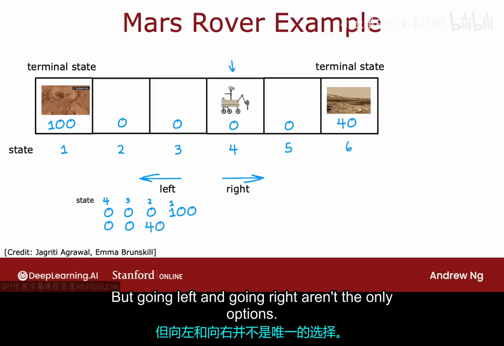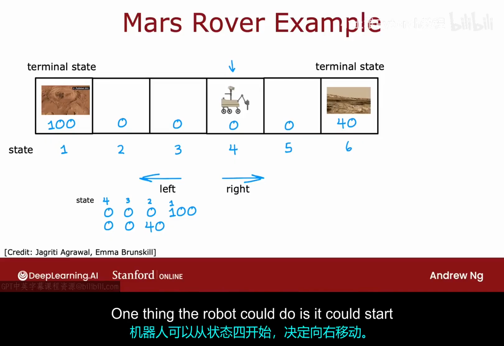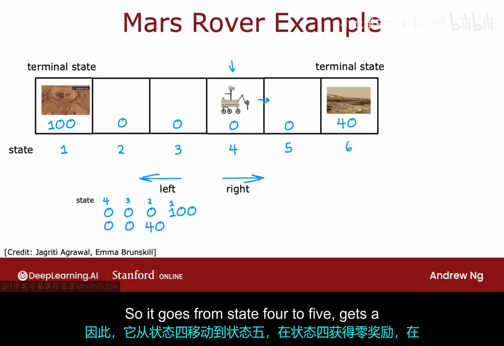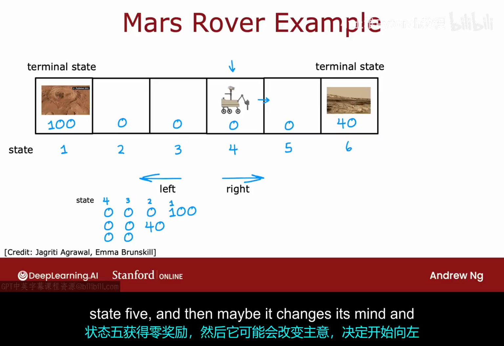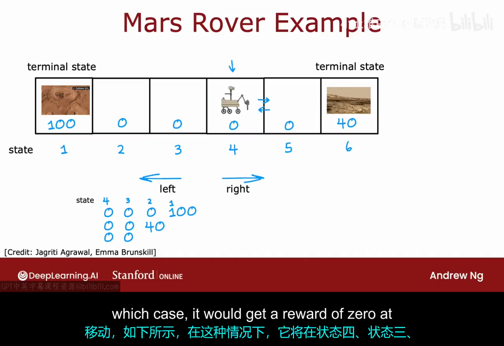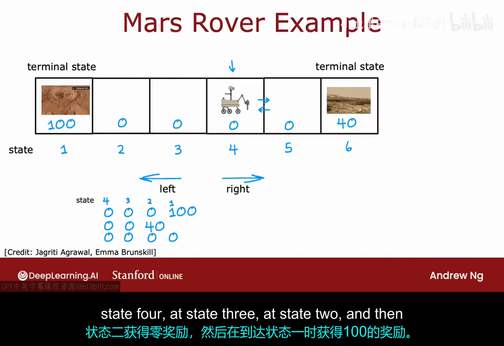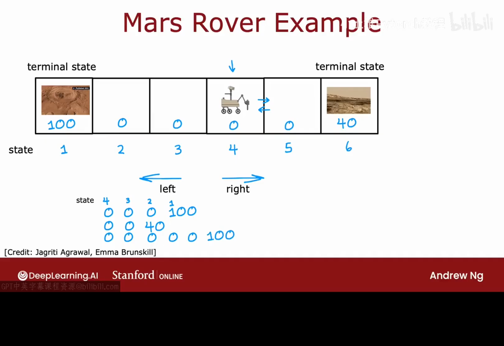But going left and going right aren't the only options. One thing the robot could do is start from state 4 and decide to move to the right. So it goes from state 4 to 5, gets a reward of 0 in state 4, reward of 0 in state 5, and then maybe it changes its mind and decides to start going to the left as follows, in which case it would get a reward of 0 at state 4, at state 3, at state 2, and then a reward of 100 when it gets to state 1.